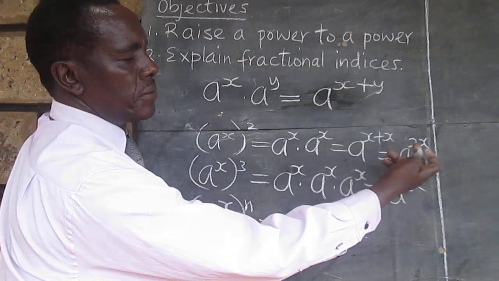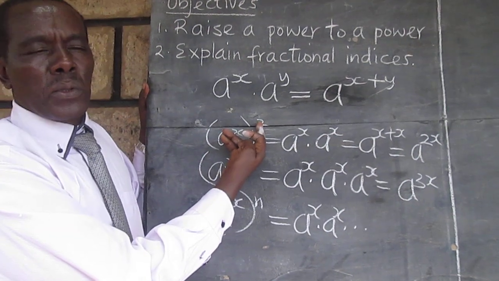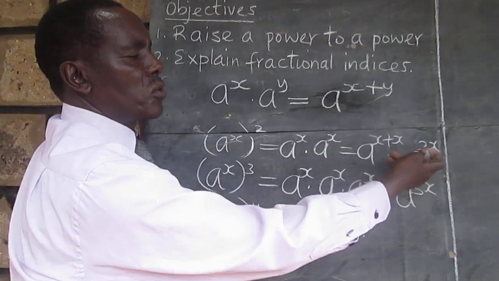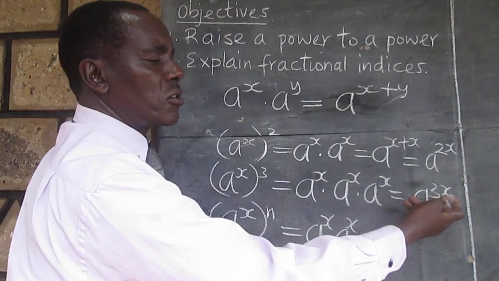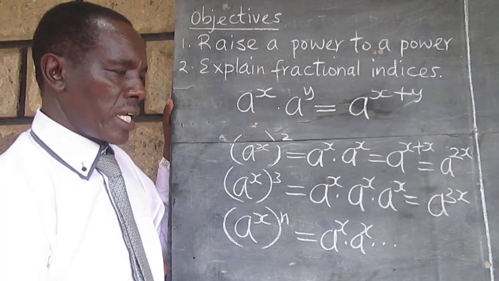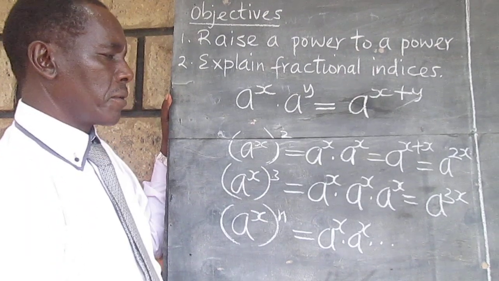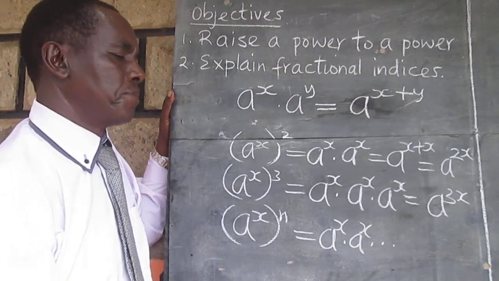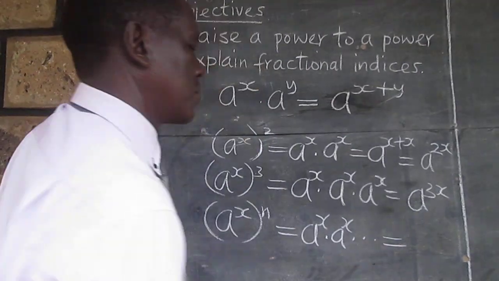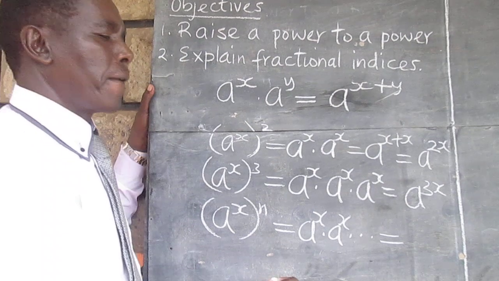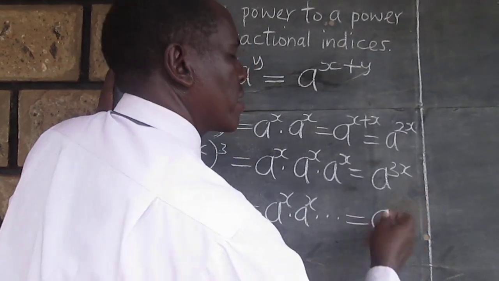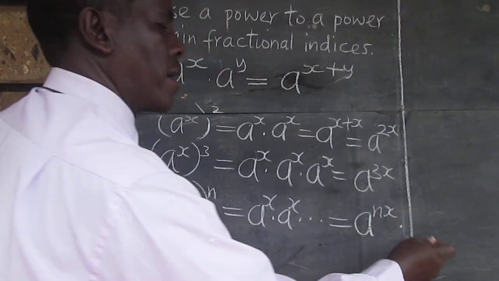When we raised to power 2, the result was 2x. When we raised to power 3, the result was 3x. We can therefore conclude that when we go up to n times, then this will be a raised to nx.